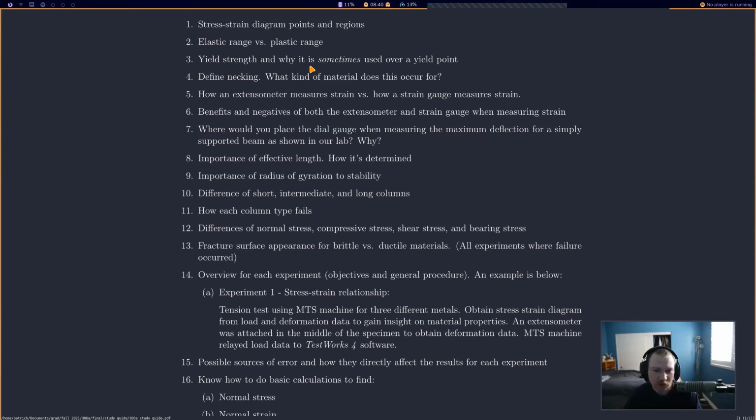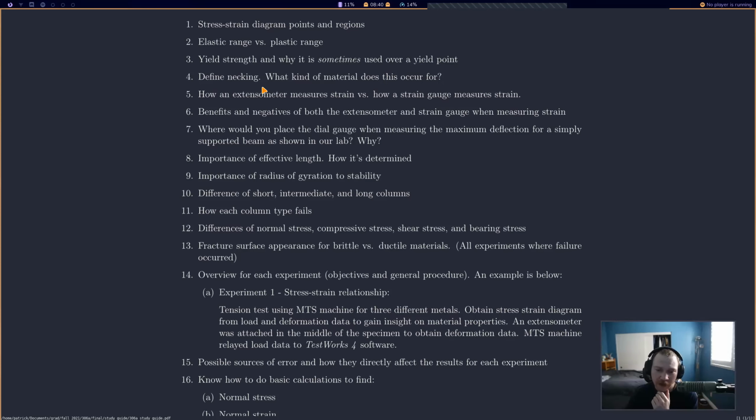Next one, yield strength. In our first lab, we solved for a yield strength using that 0.2% offset method. We use that sometimes, and it's only sometimes, over a yield point. So I want you to explain why we sometimes use a yield strength over a yield point.